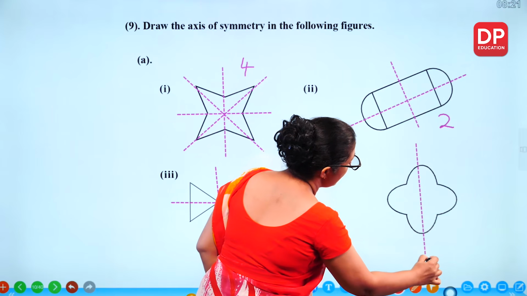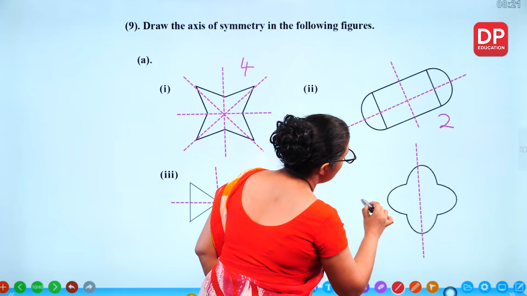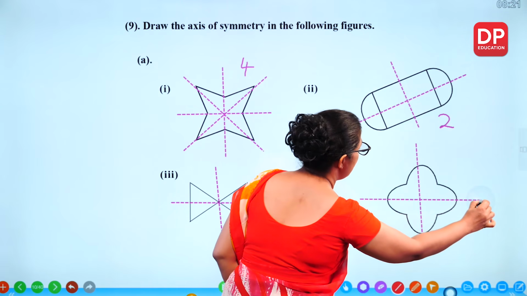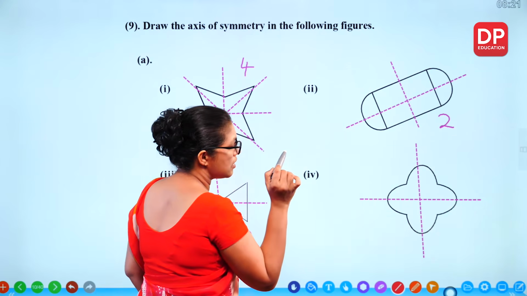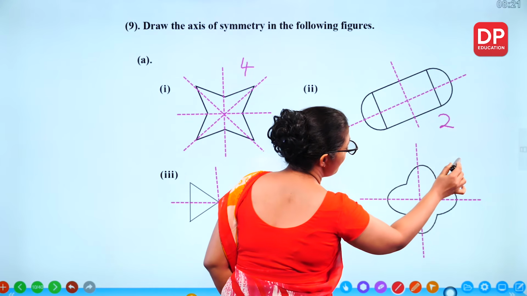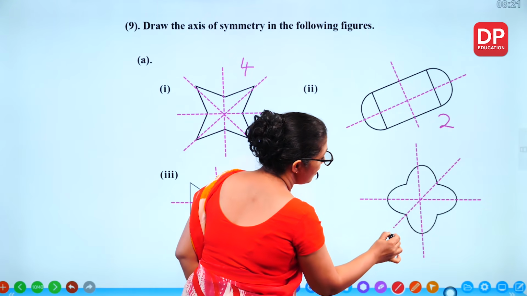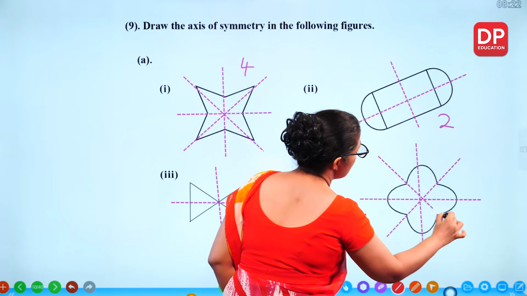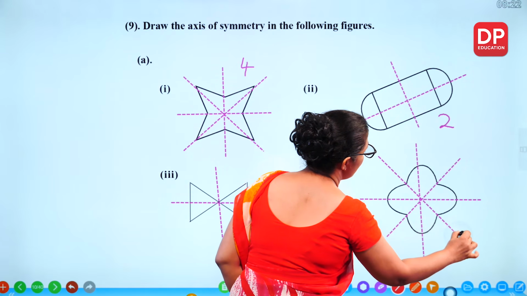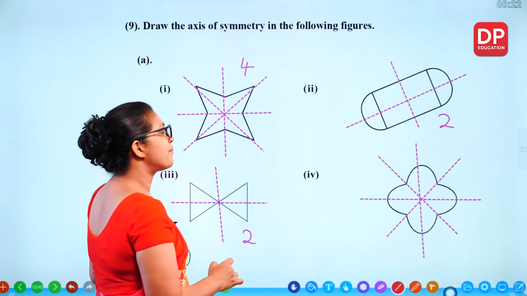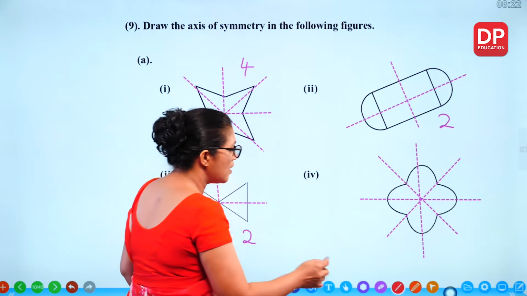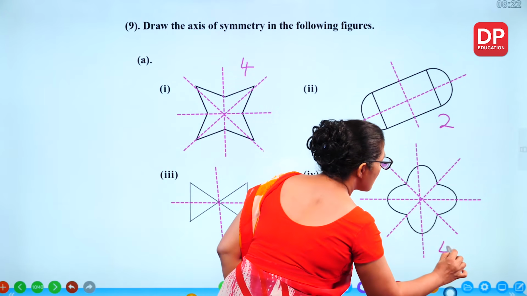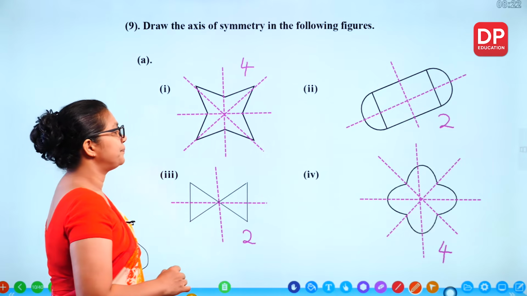This one, I can draw a line here, here. What about this way? I can draw this way as well as this way. So altogether 4 axes of symmetry. So I can write 4 there.